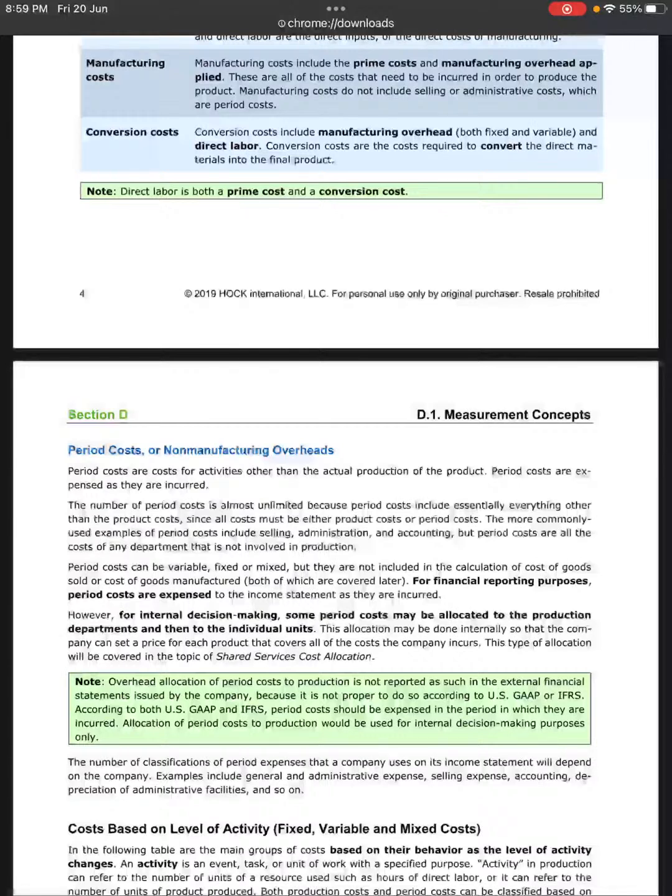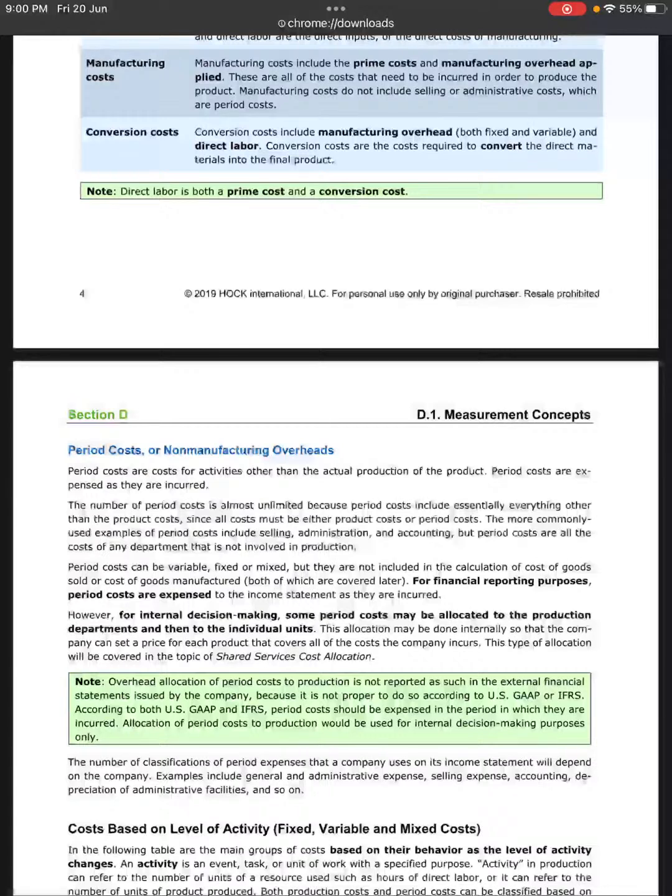Period costs are expenses that are incurred. The number of period costs is almost unlimited because period costs include essentially everything other than product costs.